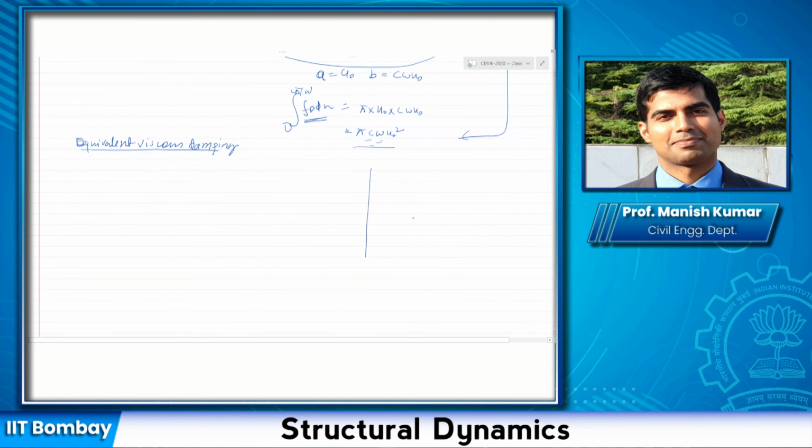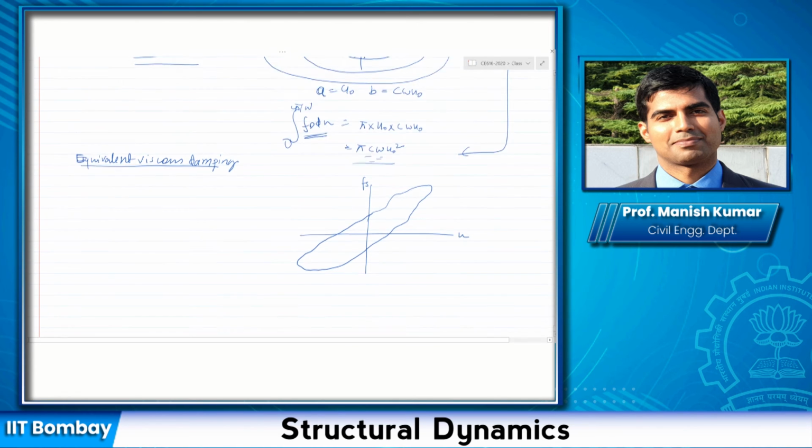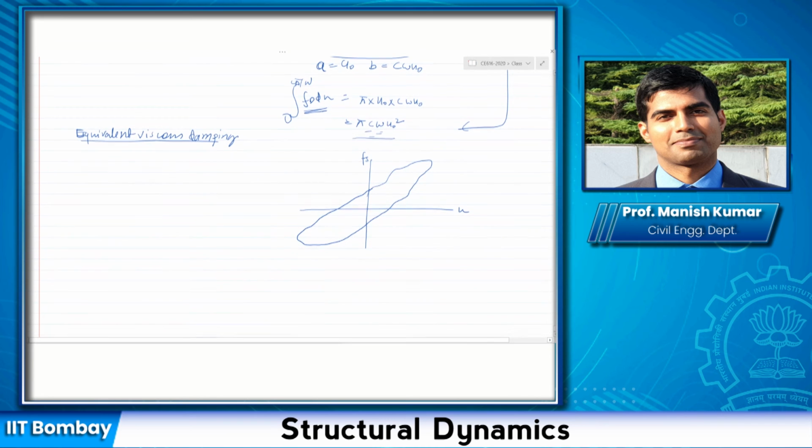So if you take a component, or basically the spring force Fs, and you plot it versus U, it is some random shape. It is not viscous, because viscous is something like this. So if I want to represent the energy dissipated in this behavior through a viscous damping, let us see how I do that.